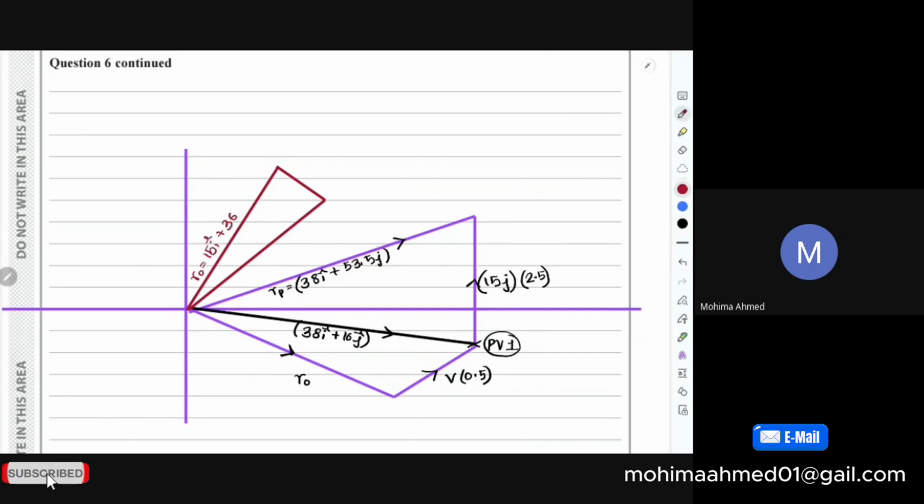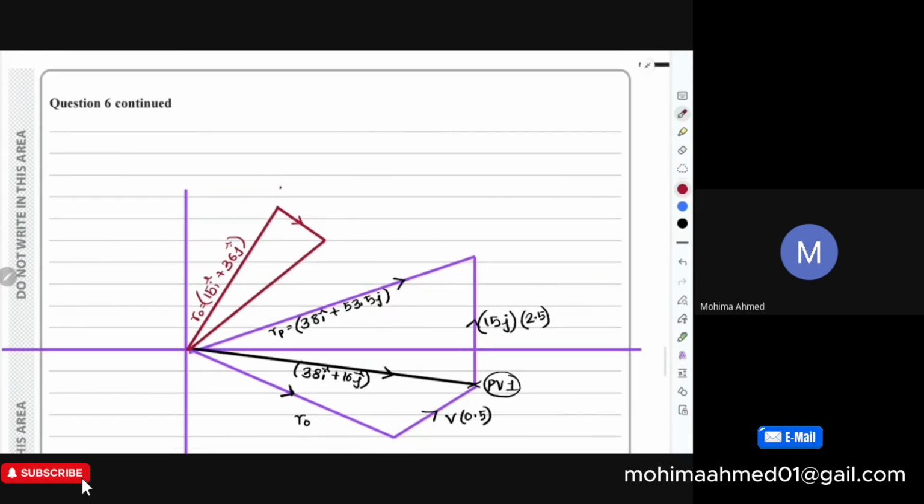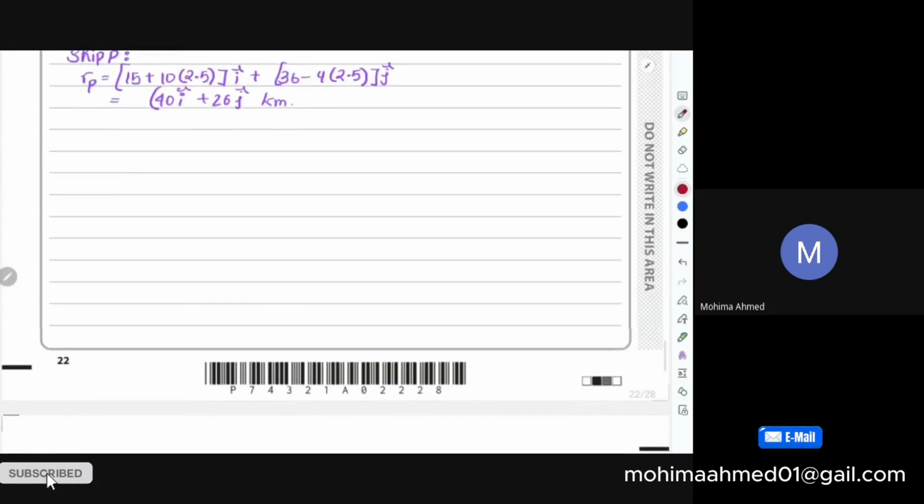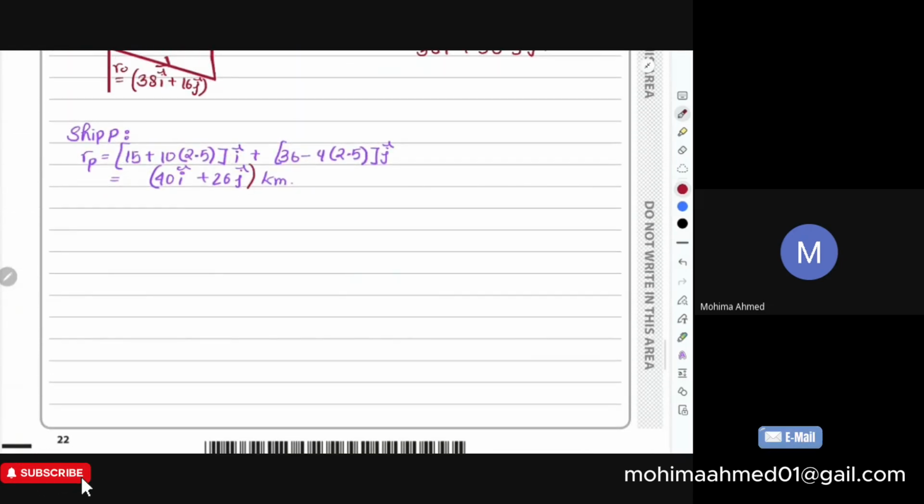We already have calculated everything. 15, 36, and then after this was the velocity, 10i minus 4j for 2.5 hours. Adding them gave you the final RP. Yes, sorry, made a mistake. This is Q, RQ, and this is for RP. Now we are calculating. RP is what we calculated in the previous part, lastly, 40i and 26j.